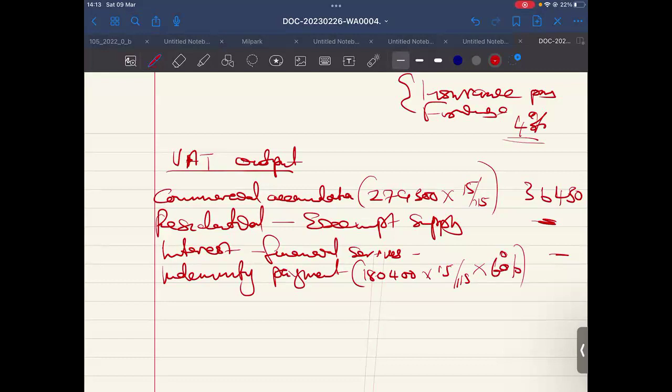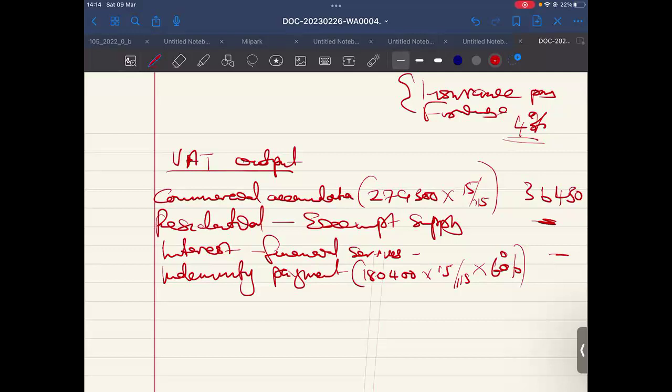Output VAT based on the general rule is not apportioned. However, we only apportion it when it comes to insurance payout and the fringe benefit. We apportion it to the extent of making taxable supplies. Our company is making 60% taxable supplies and 40% non-taxable supplies.